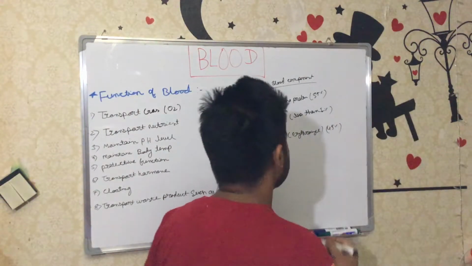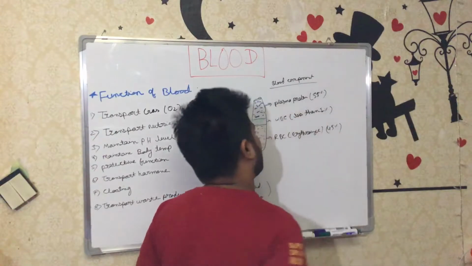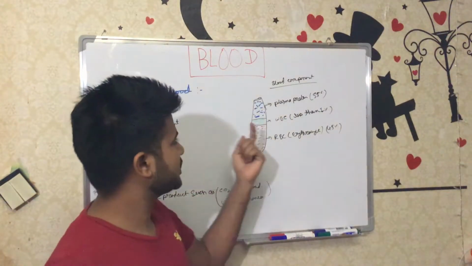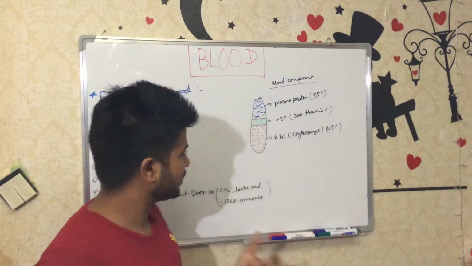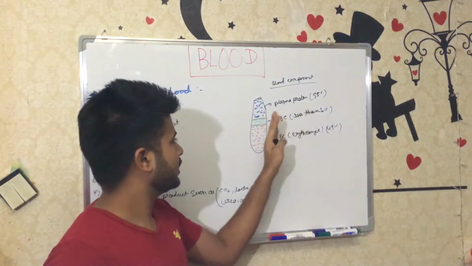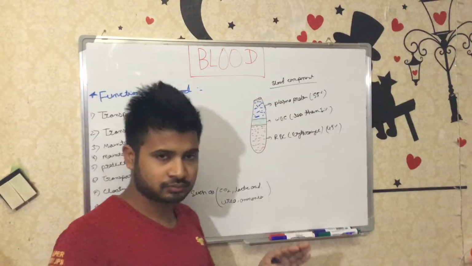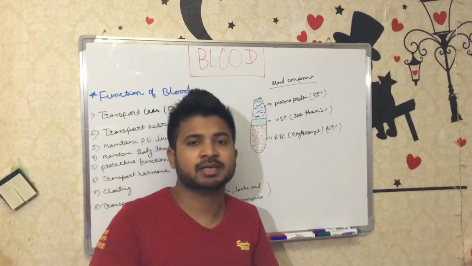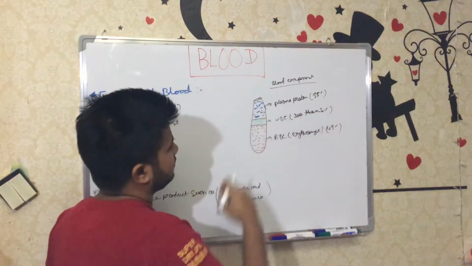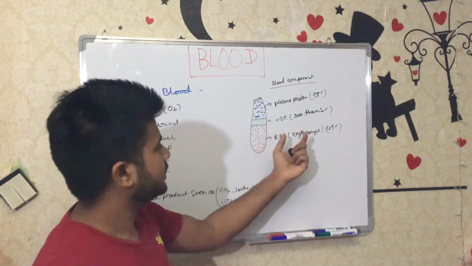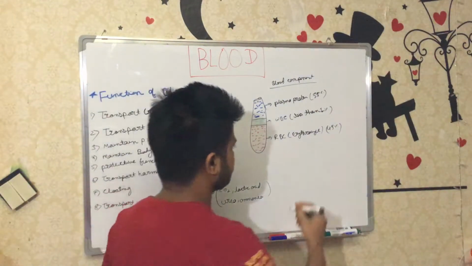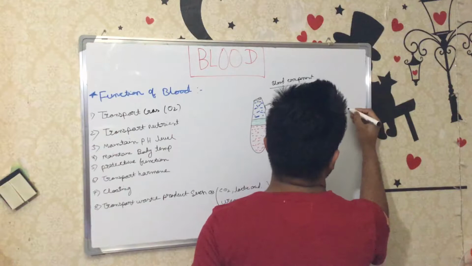So these are the percentages when you take 2 ml of blood from a person and centrifuge it. After centrifugation, in the tube you can see that plasma protein, WBC and RBC are subdivided into three groups. Plasma protein is 55%, WBC is less than 1%, and RBC is 45%. The WBC and RBC are called the formed elements.